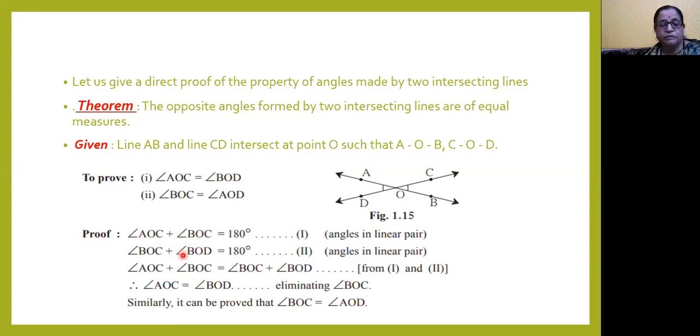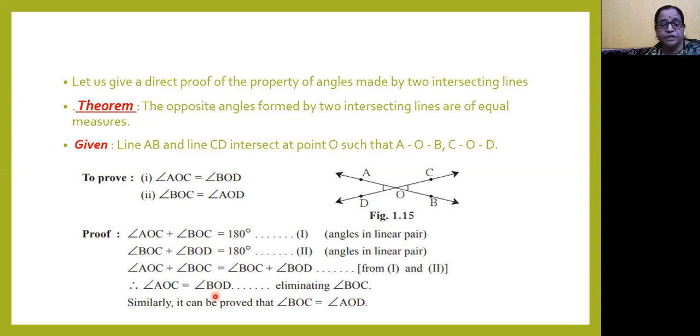From equation 1 and 2, BOC is on the right-hand side and BOC is also on the left-hand side, so it gets cancelled. What remains?